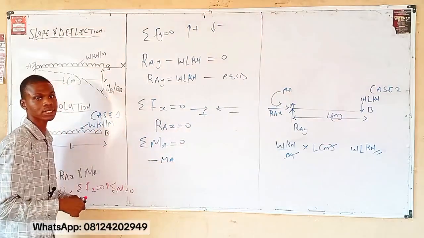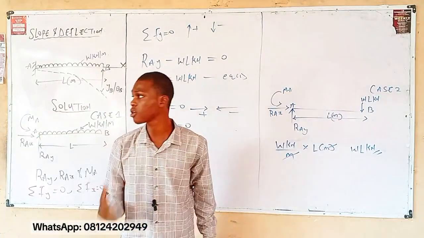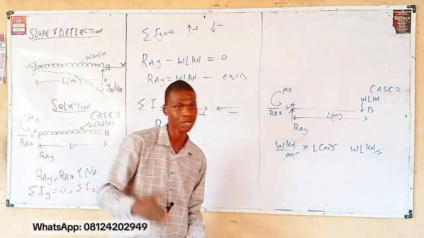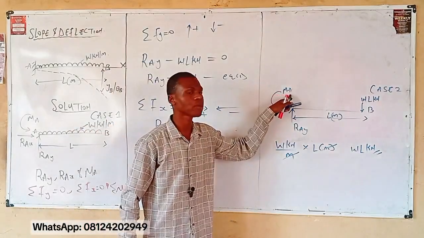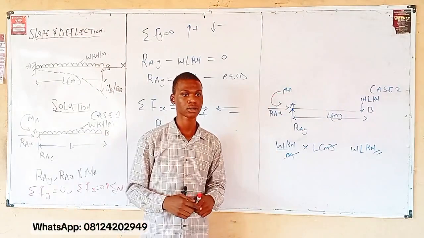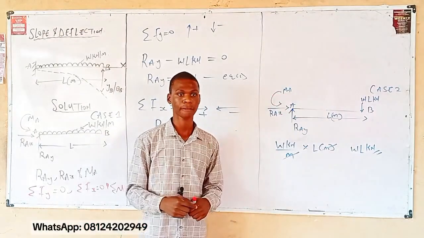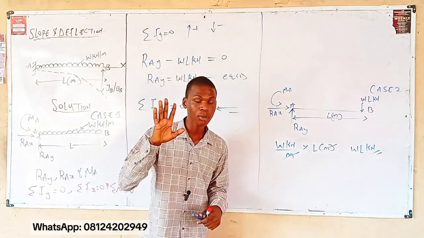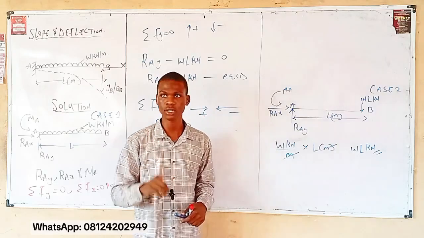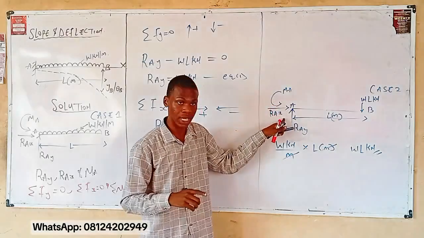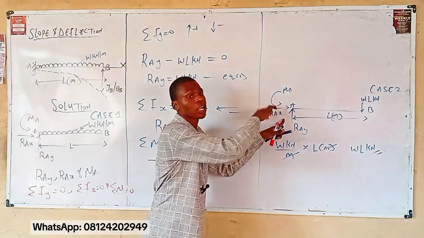Now, when you are taking moment, what does it mean? Force times distance. The question now is, is this MA going to have a distance? No. Why? It is on point A. There's no distance this covered.